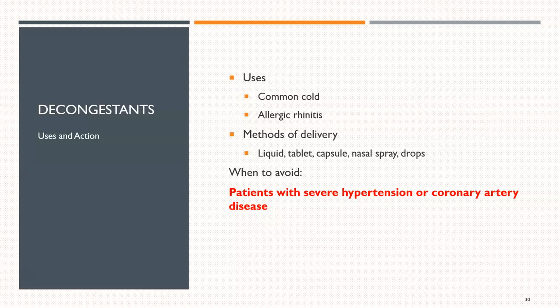The best thing to do for one of your hypertensive patients, Coricidin HBP is great. It's really good. It's actually for patients with hypertension, but you can also tell them to check with the pharmacist because the pharmacist knows what they can have. You need to know that they can't have decongestants if they have hypertension or coronary artery disease because that can exacerbate their condition.